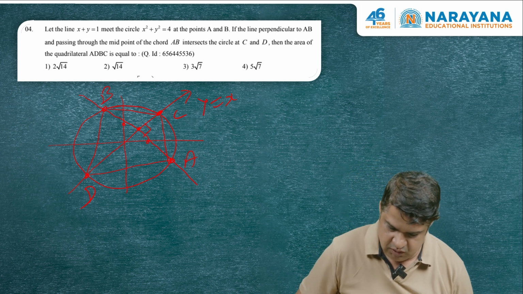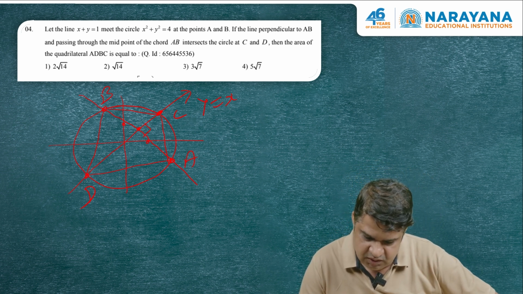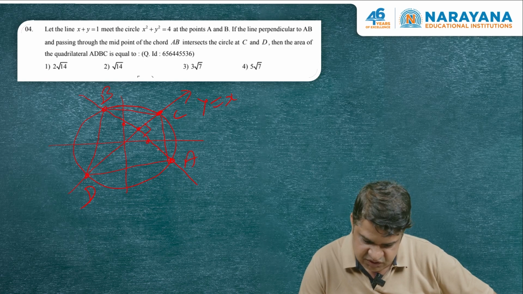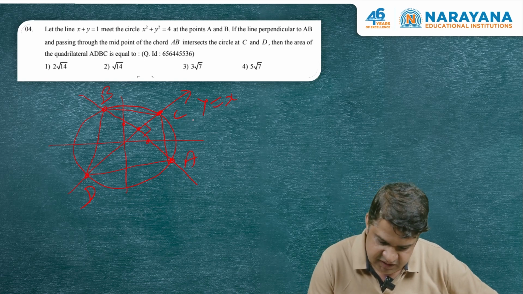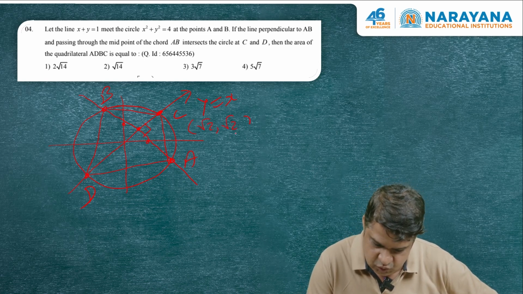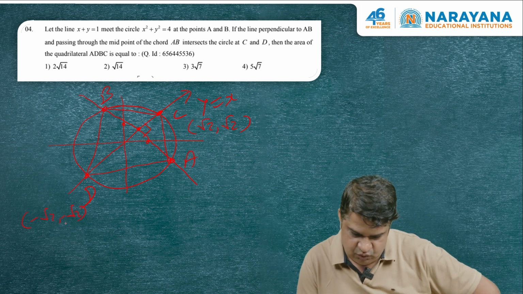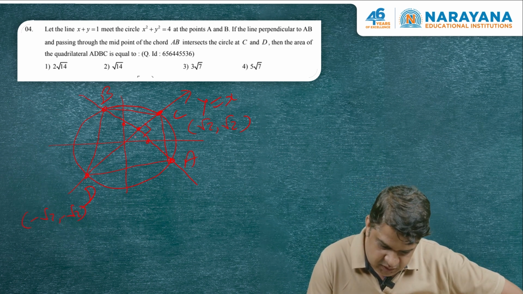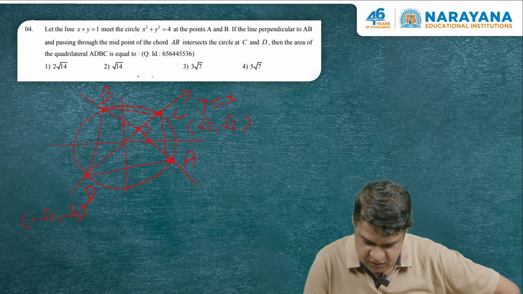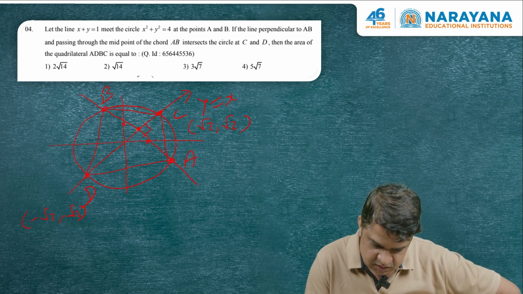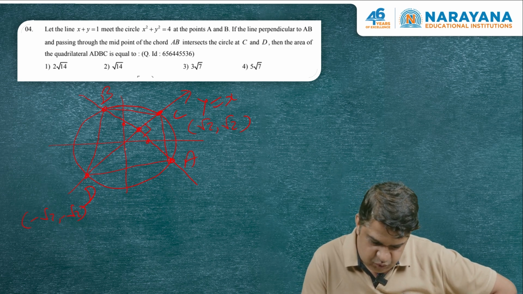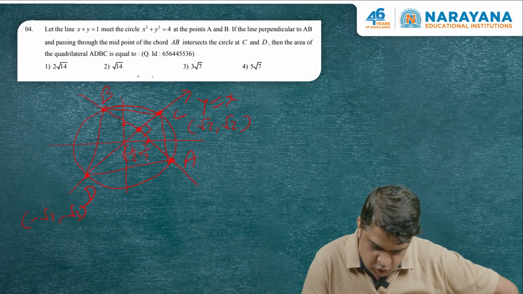So, first of all, put y equal to x in the circle equation. So, we will get coordinates of C and D. C will come out root 2 comma root 2 and D will come out minus root 2 comma minus root 2, and the point of intersection of y equal to x with the chord will come out 1 by 2 comma 1 by 2.